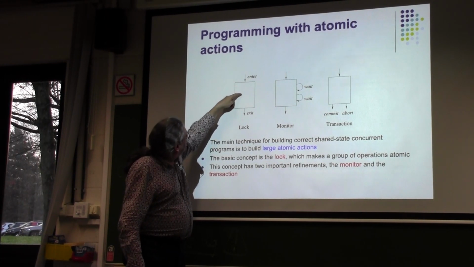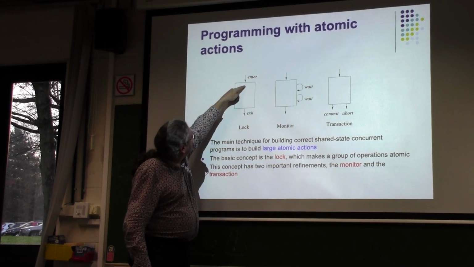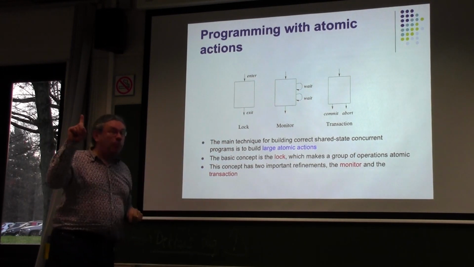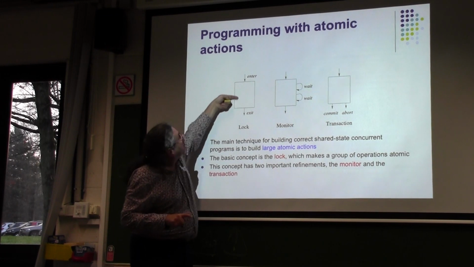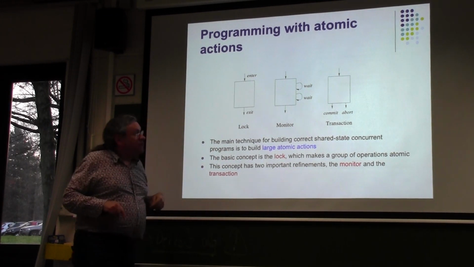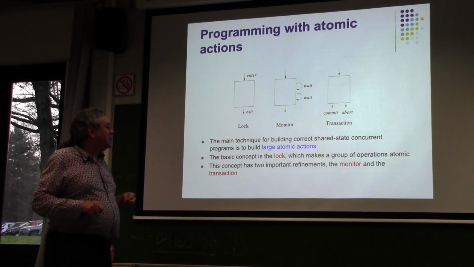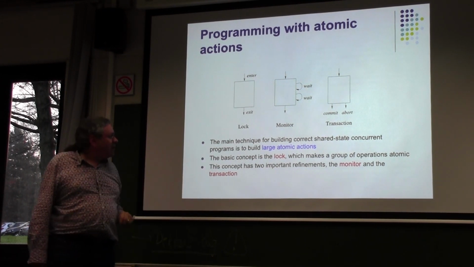I have a bunch of operations inside, but the lock is like a box, and I enter it and I can exit. This is one atomic action, it's like one operation for the scheduler. The scheduler will never stop inside there. It's either before or after. So that really reduces the number of interleavings. So that is the concept. That's what we're going to look at today.